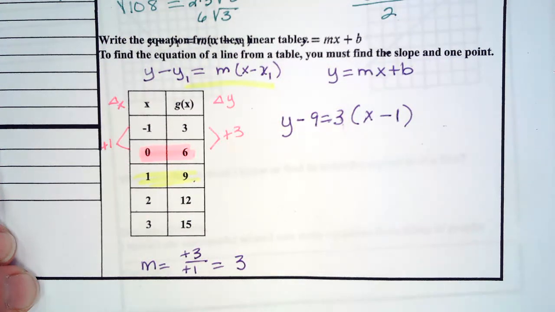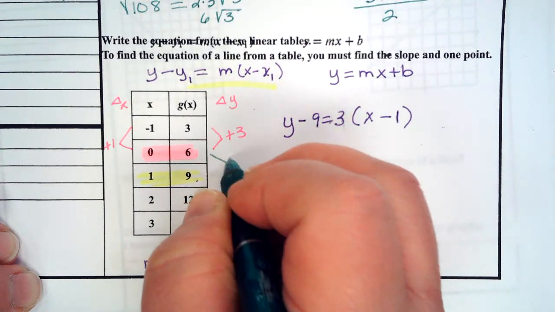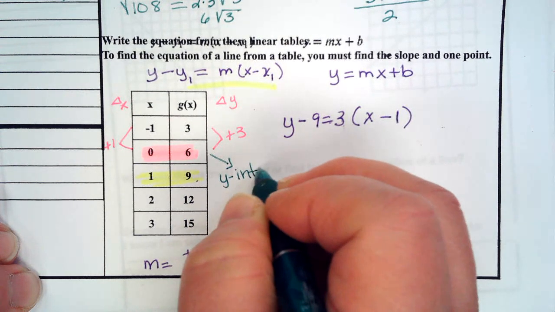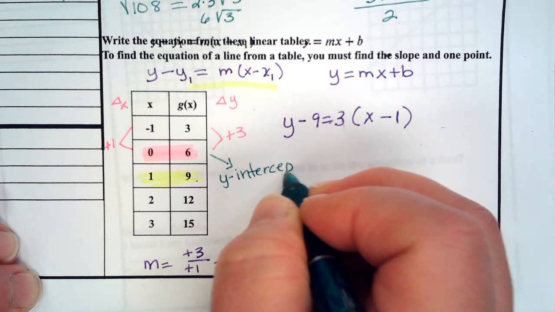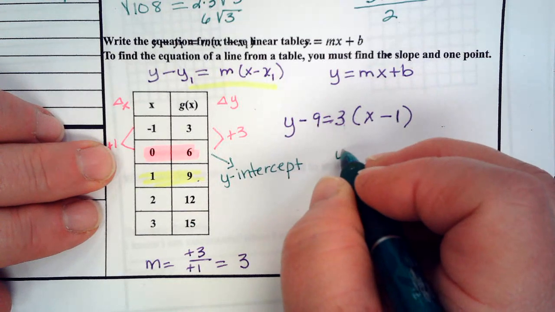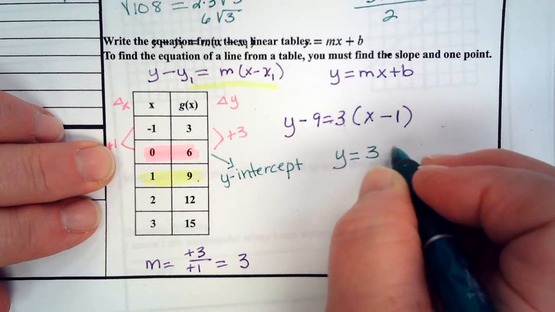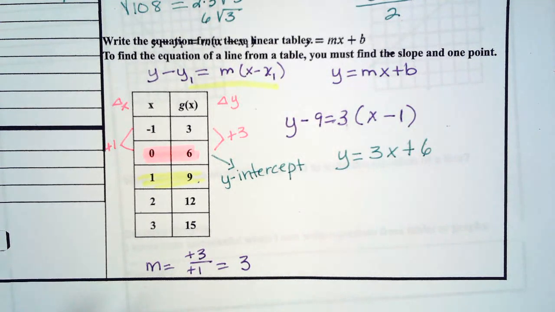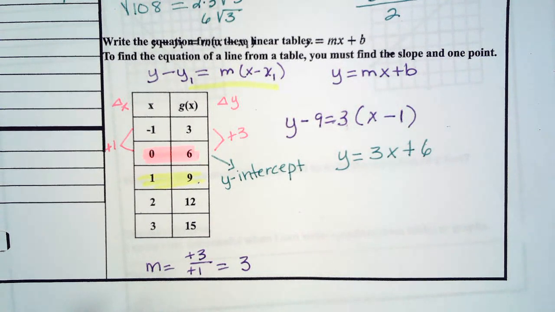This is our y-intercept. So, y is equal to 3x plus 6 in y-intercept form. And we're done.